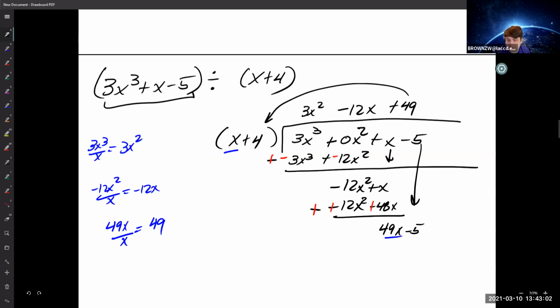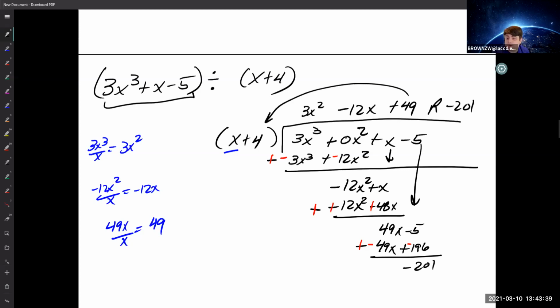Then distributing that out, it's going to give me 49 times x is 49x. 49 times 4 gives us positive 196. And then instead of subtracting, we're going to add the opposite signs. So the 49s cancel out, and -5 plus a negative 196 leaves me with a negative 201. So that's my remainder.